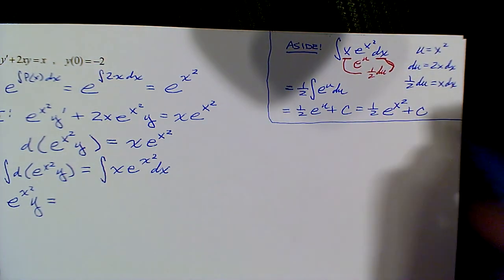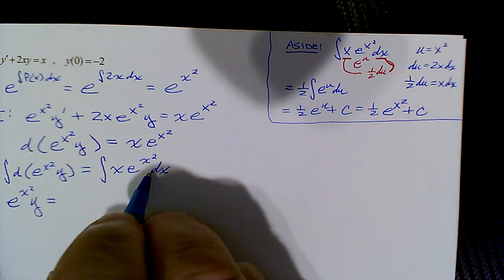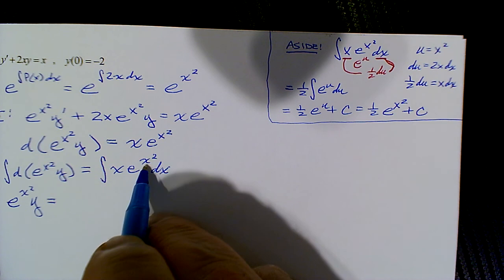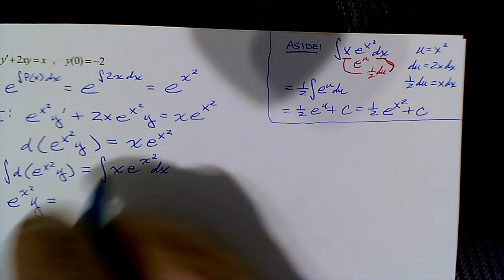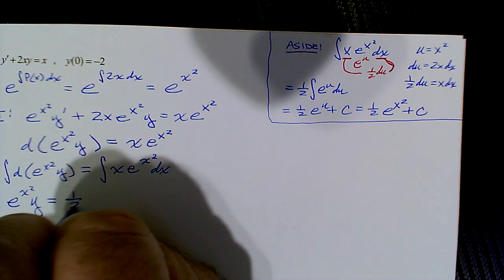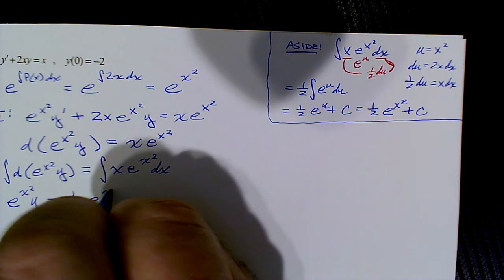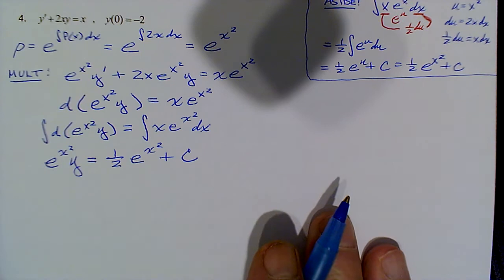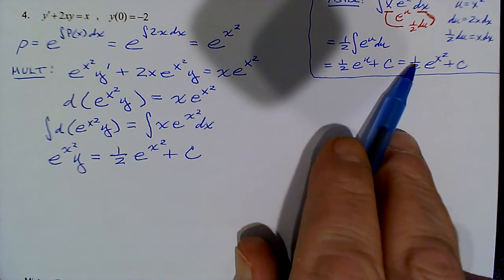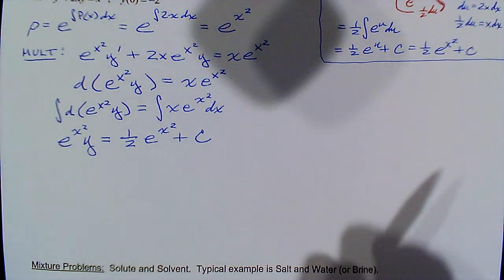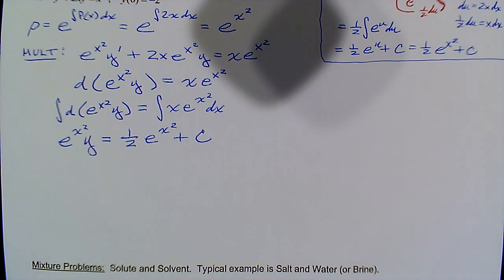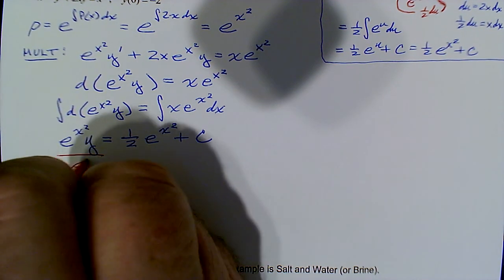Okay, so you have to be a little bit careful with the integrations. If you could do that mentally, that's great, knowing just mentally that you need the 1/2 as a factor in there. So 1/2 e to the x squared plus a constant. A lot of times you want to do those types of integrations that are a little bit involved on scrap paper or off to the side rather than clutter the process. Okay, and then we're going to solve for y by dividing by e to the x squared.